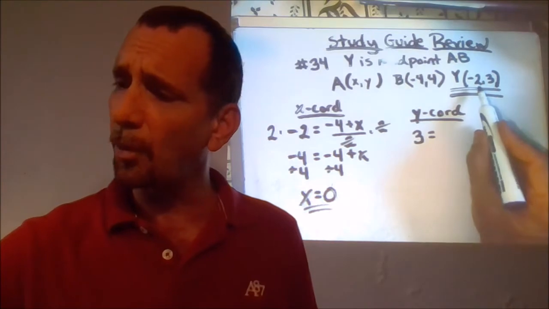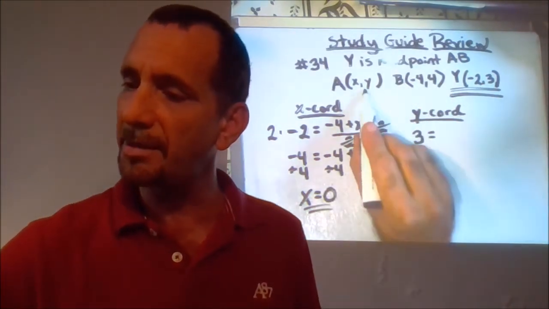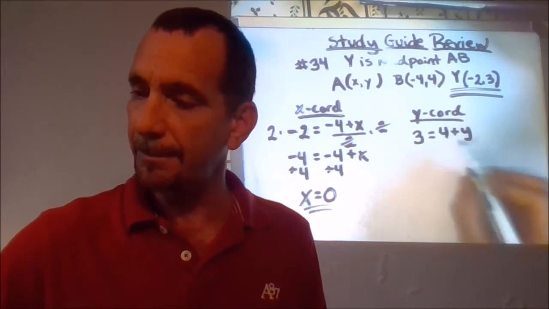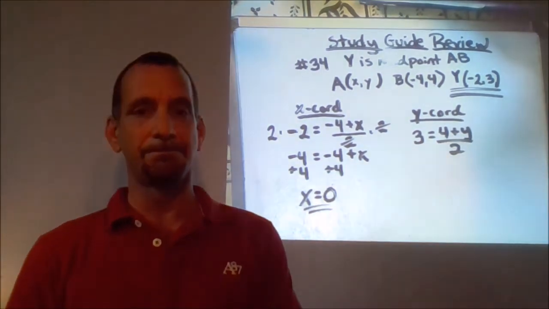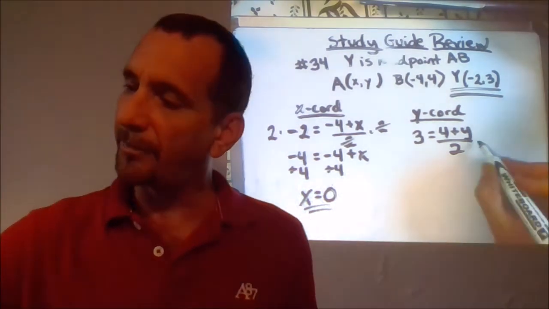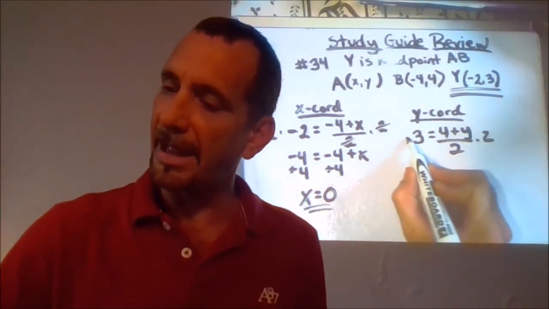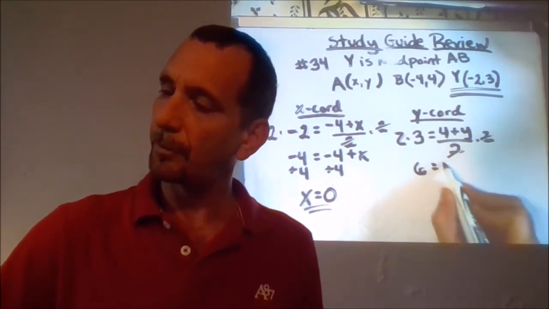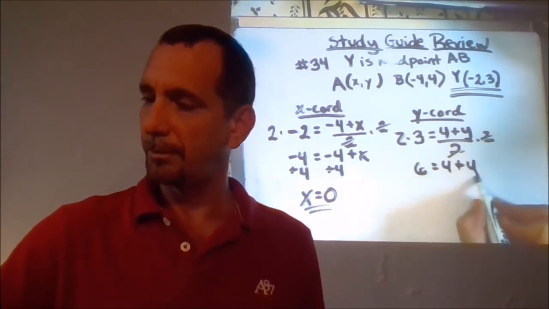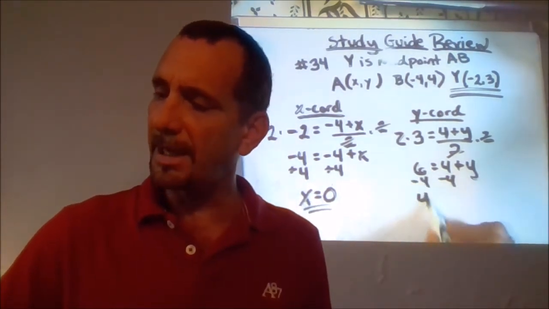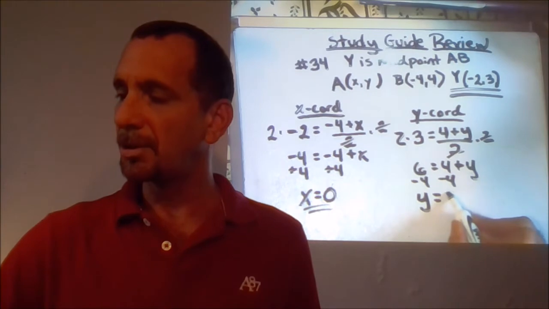The average of the y's is the two endpoints, 4 plus y over 2. Now you can see how this pattern is working out. We've got to get rid of that 2 on this side. And we solve for y, and we get y equals 2.